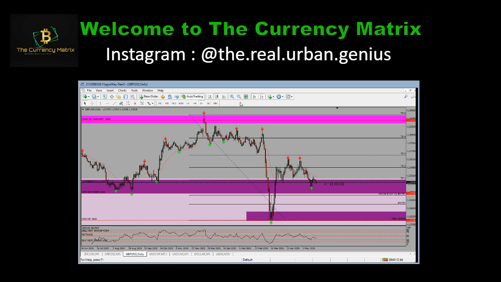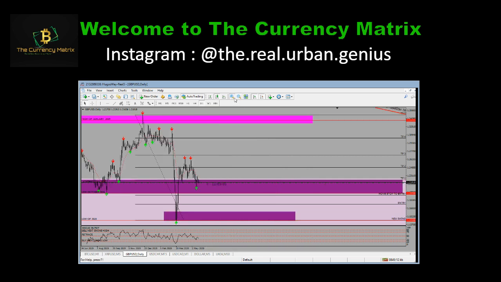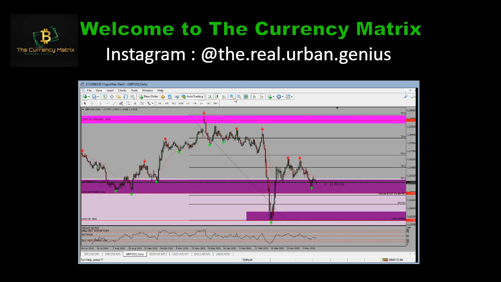And here on the daily, we see how price correlates right in line with the weekly and the monthly analysis that we've done. But we can even further sharpen our viewpoints by doing the exact same analysis that we did to the weekly chart here on the daily time frame. So, with that being said, we'll do just that.